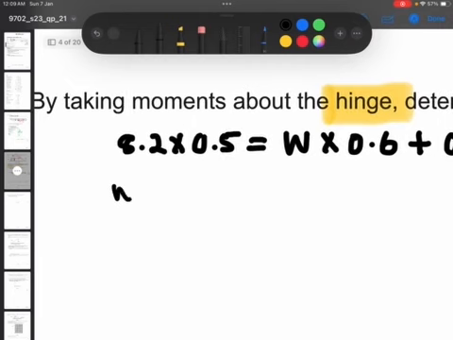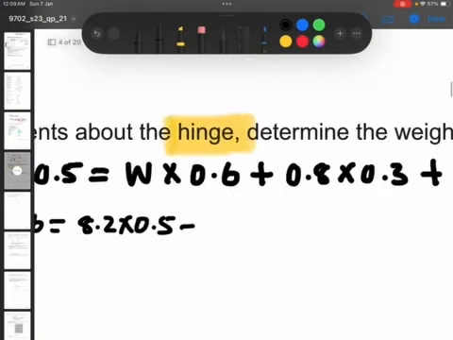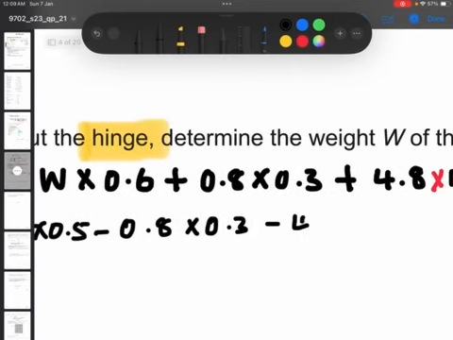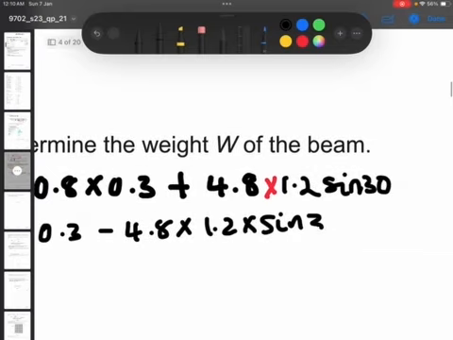We will say W times 0.6 is equal to 8.2 times 0.5 minus 0.8 times 0.3 minus again 4.8 times 1.2 times sine that.